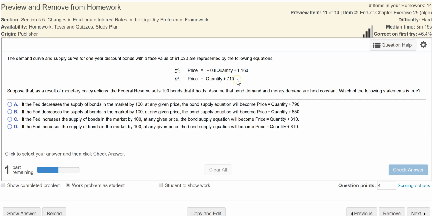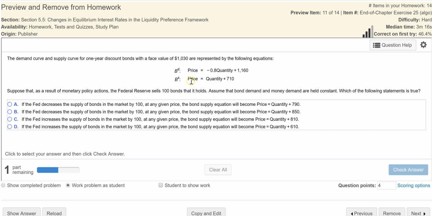But that's actually incorrect, because notice the left-hand side here is price. If you add 100 on the right-hand side, you are actually increasing the price by 100. And that's obviously not what this condition says.